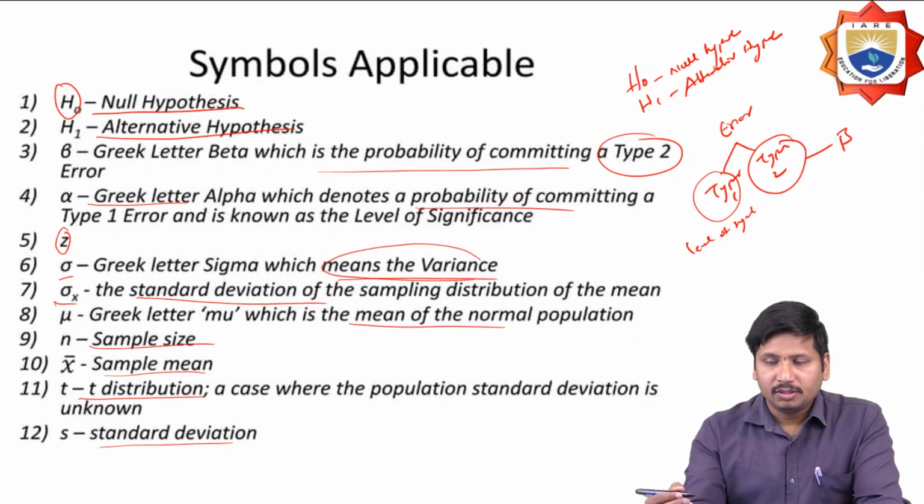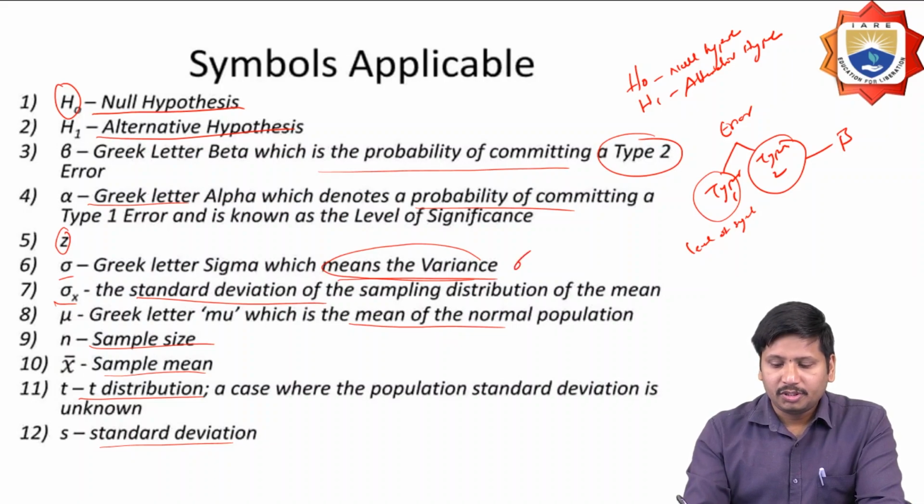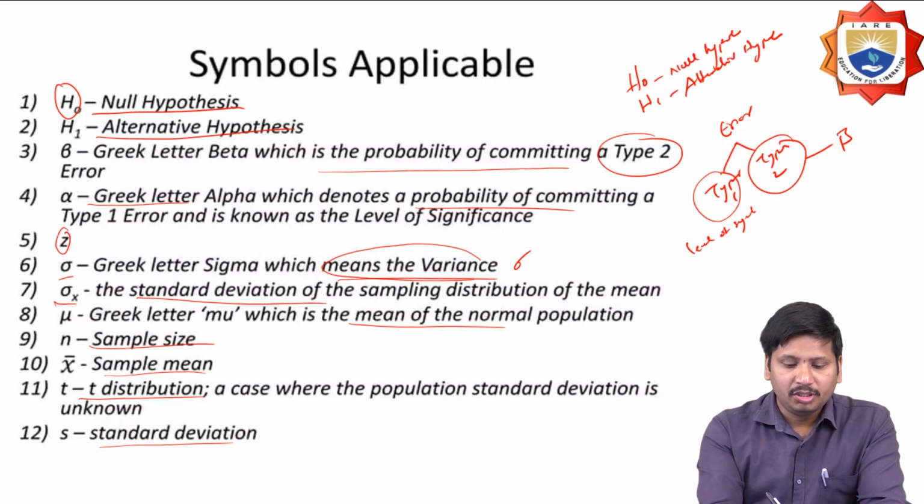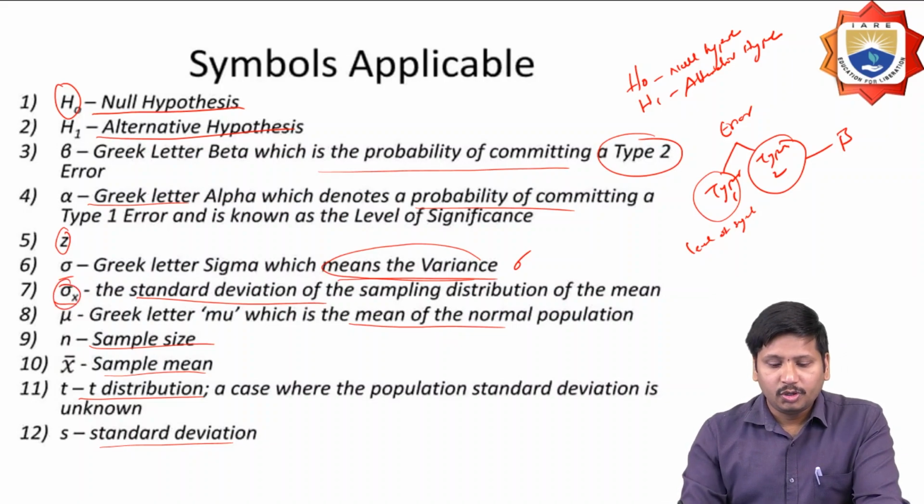In the previous video we discussed how to calculate the mean, variance and sampling distribution. For testing, we need a testing hypothesis where we represent the variance, and sigma x bar is the standard deviation, and mu is the mean of the normal population.